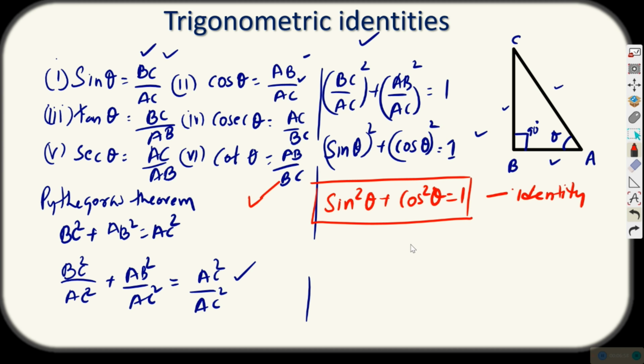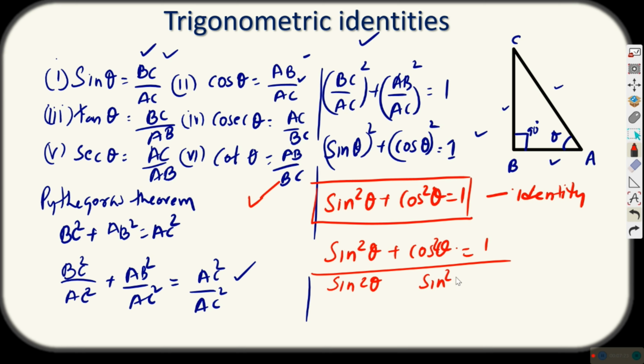From that we will develop more and more identities, just like that is our nature. We write sine square theta plus cos square theta is equal to 1. If you divide the whole equation with sine square theta to eliminate 1, here also sine square theta, here also sine square theta.